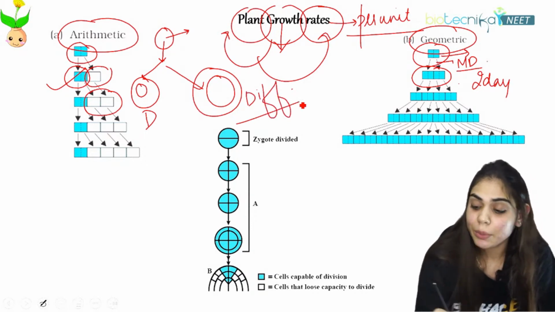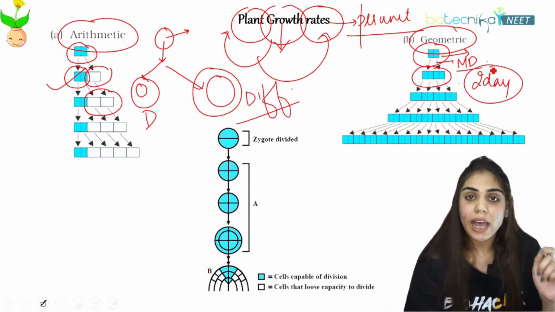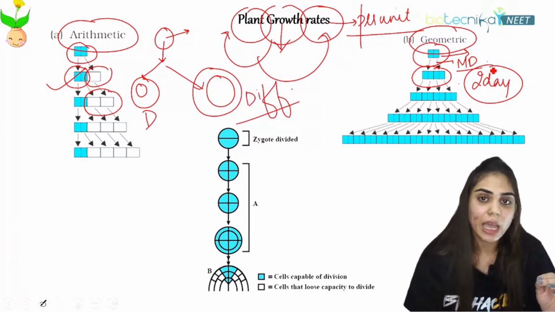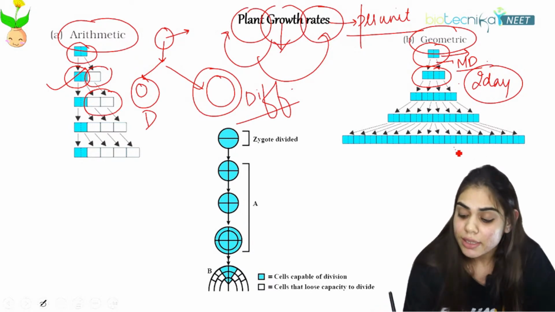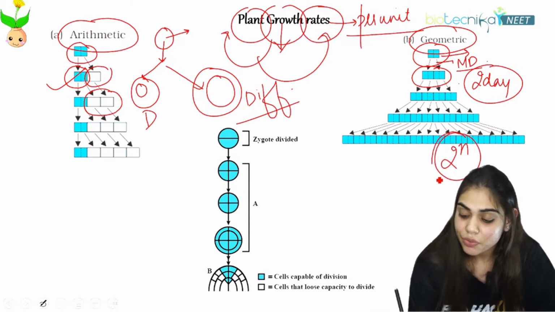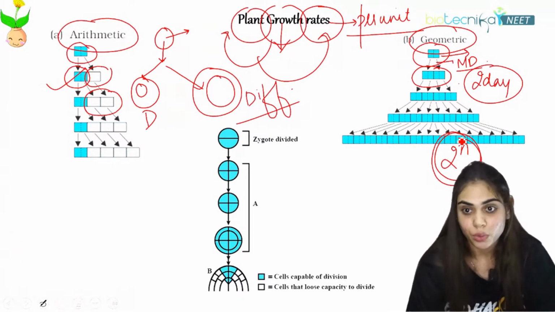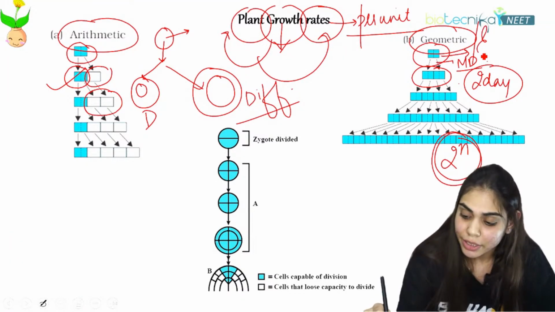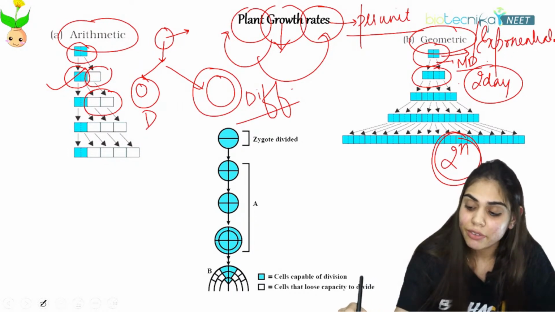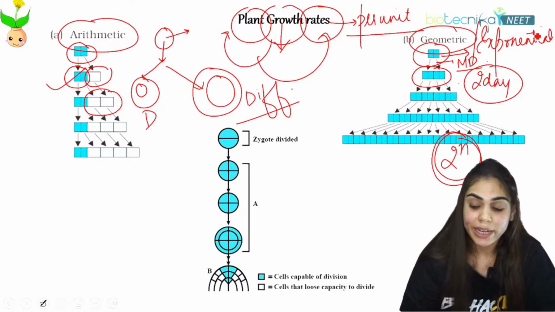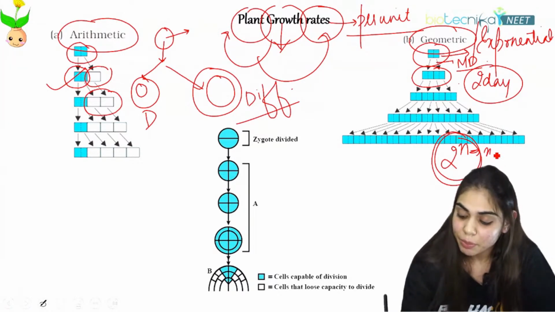But here you will get both daughter cells retaining the capacity to divide, and they will continue doing so. Now here the cell divides with the formula of 2 to the power n. This is the formula for exponential growth rate. So geometric growth rate is also called the exponential phase, where the cell will divide with the power of 2 to the power n. Now what is n here? n represents the number of divisions.